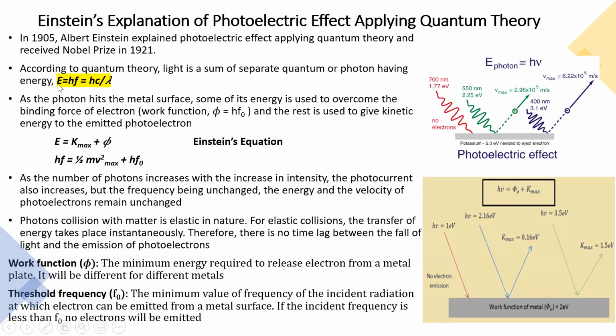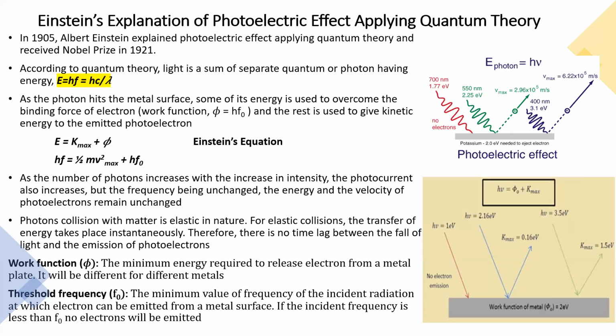So the energy of each photon, each small package of energy, is equal to hf. Or in terms of wavelength, it is equal to hc by lambda, because c is the velocity of light or electromagnetic radiation, and frequency is velocity divided by wavelength. So this is the energy of each photon.